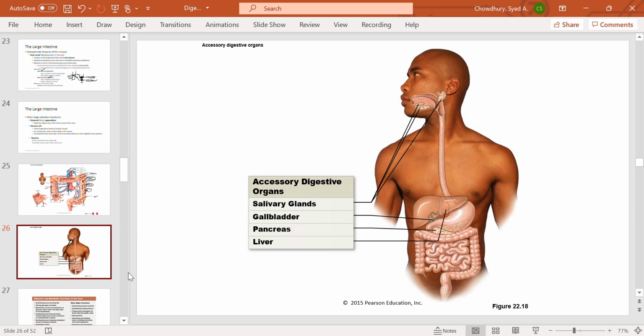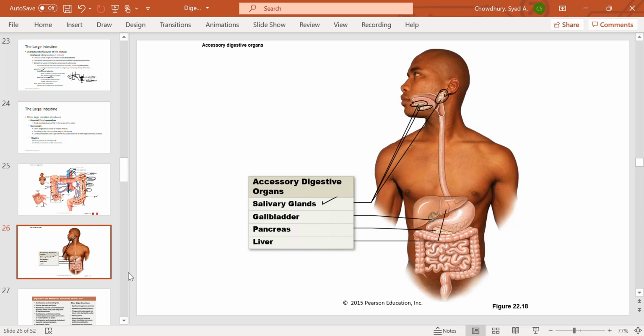Okay, now accessory digestive organs. The main accessory organs are the salivary glands. There are three sets of salivary glands. Okay, here you can see the parotid, just below the ear. This is the largest. You have another on the other side, and under the mandible, submandibular, under the tongue, sublingual.